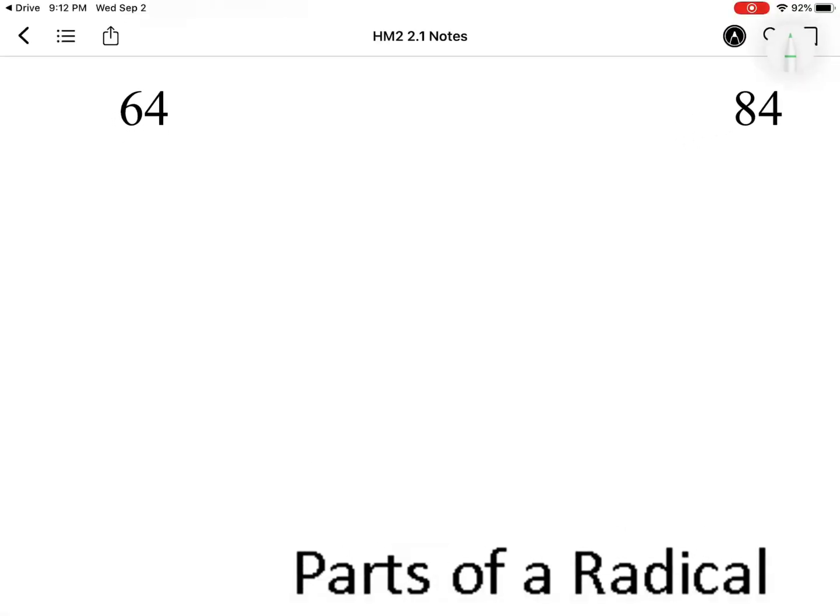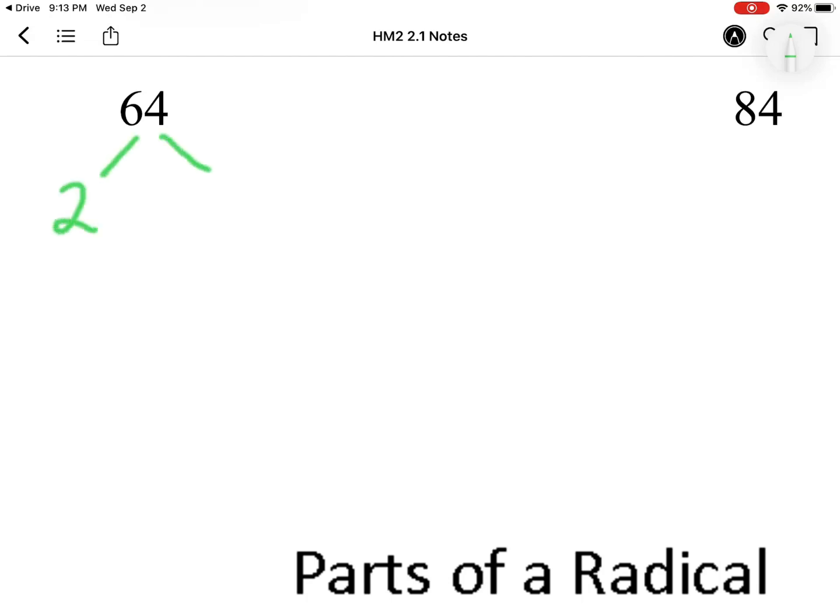If we're given 64, we want to say, okay, what times what gives us 64? And yes, there are many different ways you can do this. You can choose 2, you can choose 8, but let's start at the very lowest number we can choose, which is 2.